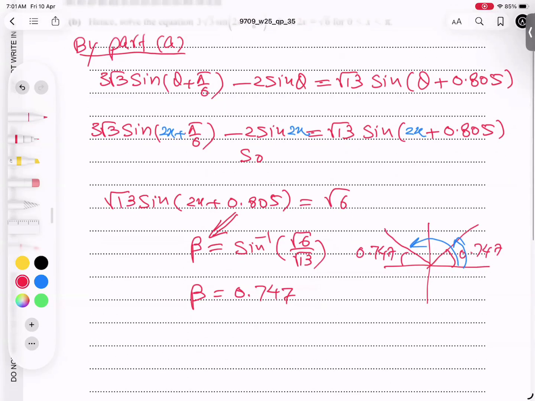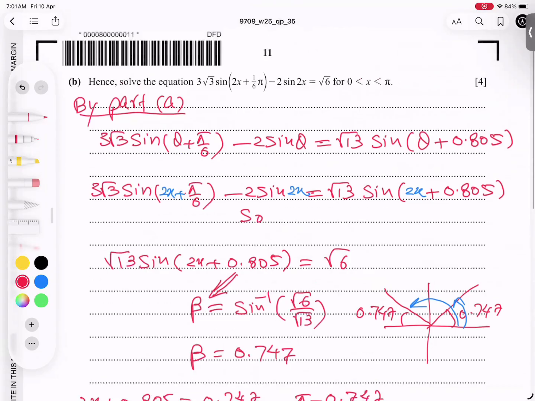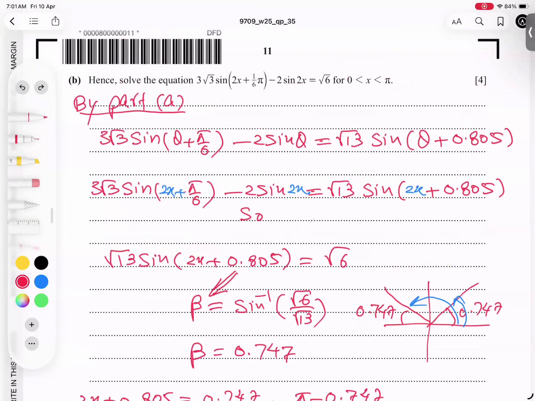So first again I'll bring back this beta value here. I can say 2x plus 0.805 is equal to the first value, 0.747. Second is pi minus 0.747.